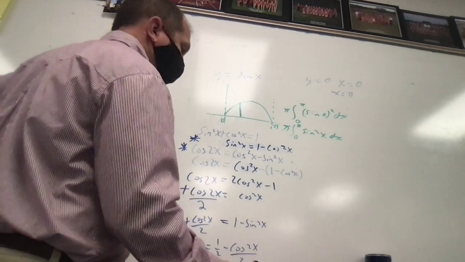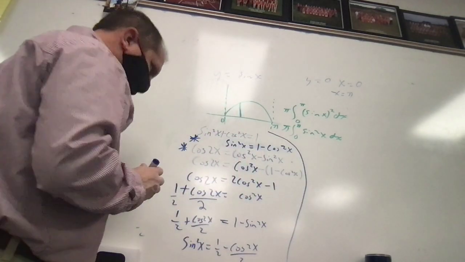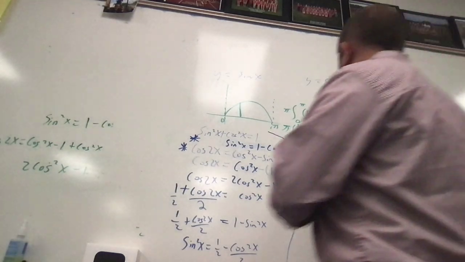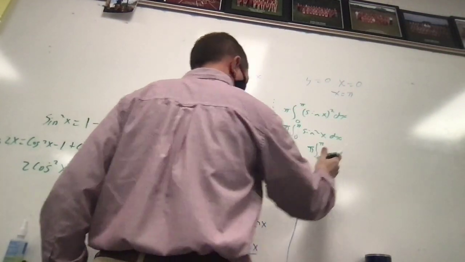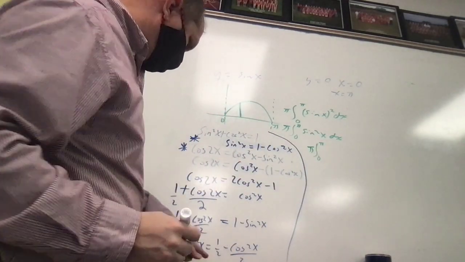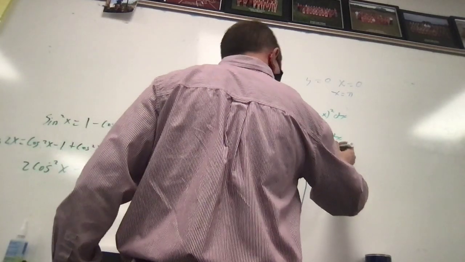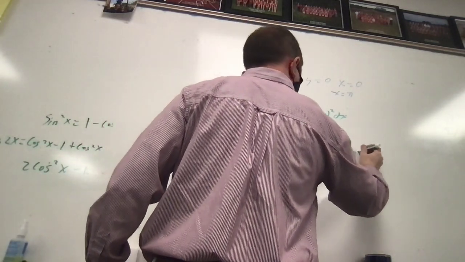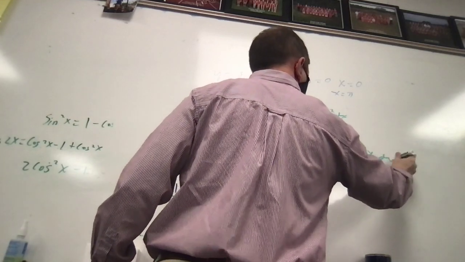So now my new integral here, instead of being sine squared x, it's pi from 0 to pi of one half minus cosine of 2x over 2 dx.